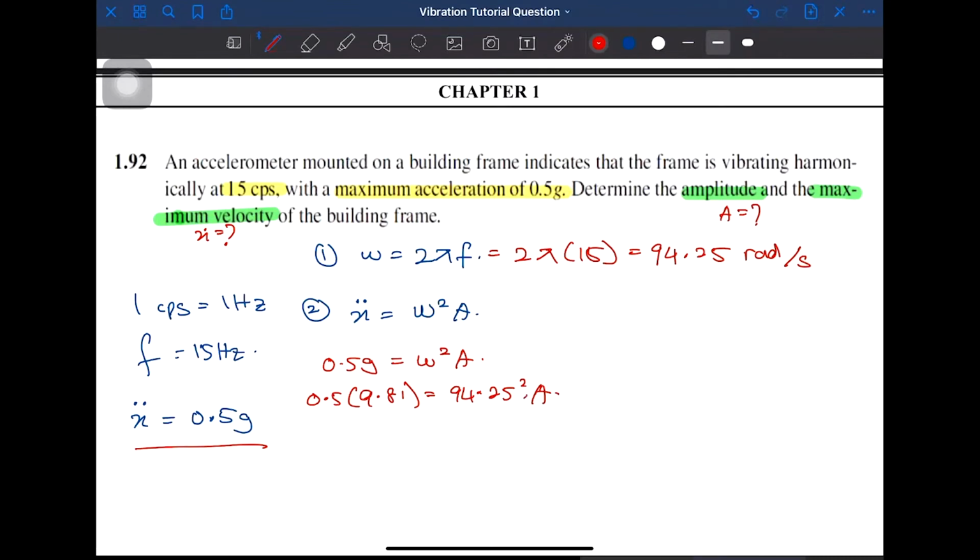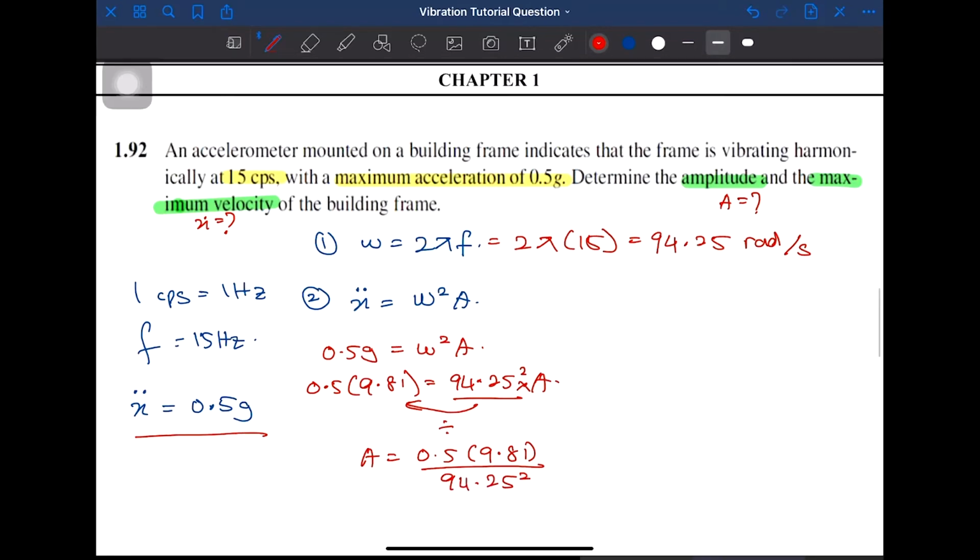Omega to be 94.25 times A. All right, so the question now wants you to find the amplitude, right? So from this formula, you can get your A. If you want A, multiply with 94.25 squared, bring it to the side, so A equals 0.5 times 9.81 divided by 94.25 squared.